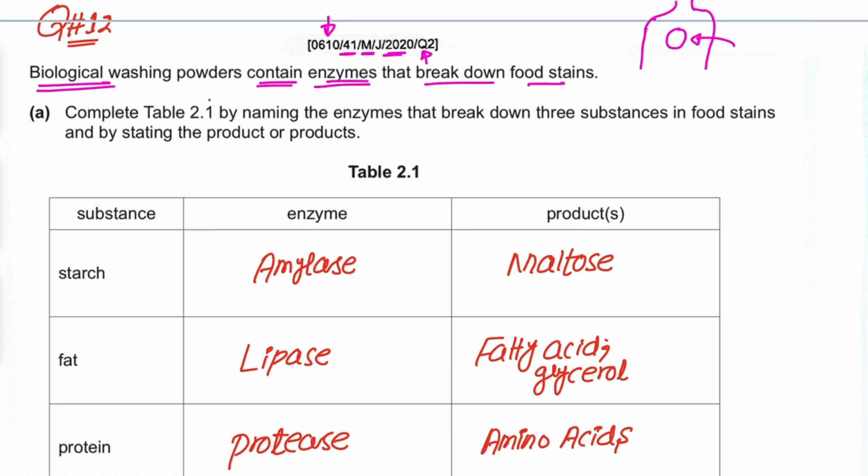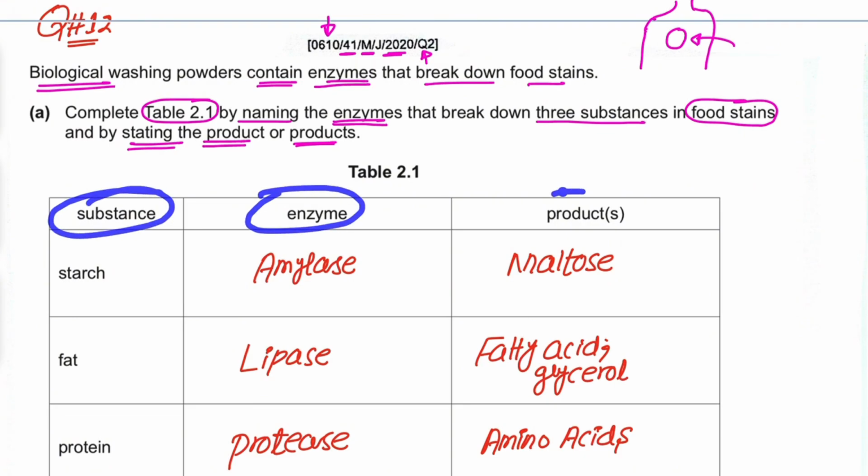They are asking us to complete table 2.1, where we have to name the enzyme that would break down three substances that can be present in food stains, and then state the product or products if they are made. If we look at the table, we have the substance, the enzyme and the product.